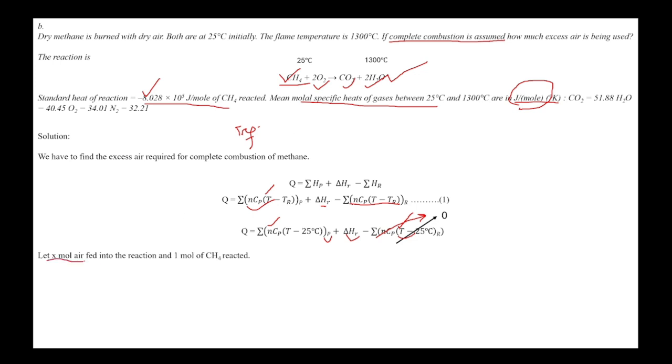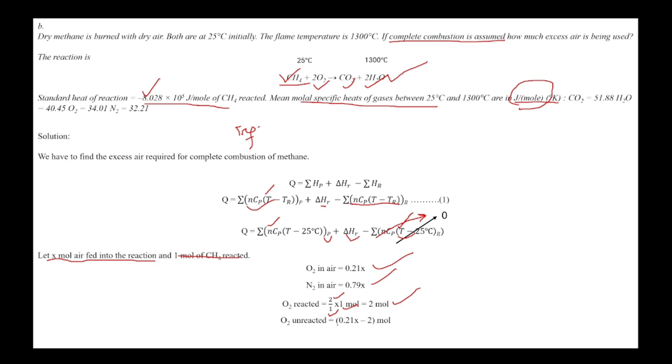So let x moles of air be fed into the reaction and 1 mole of CH4 reacted. Now O2 in air is 0.21x, since we know that 21% of air is oxygen. N2 in air is 0.79x. O2 reacted is the stoichiometric coefficient of oxygen over the stoichiometric coefficient of CH4 times moles of CH4 reacted, that is 2 moles of O2 reacted.